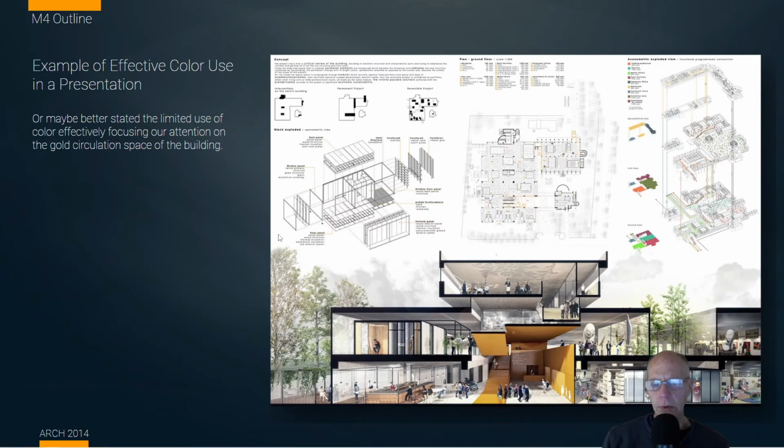Here is another example of why the careful use of color is important. I thought this was a really nice graphic. We have a lot of white space up here, and we've used color very carefully. You'll notice we have this golden color here in the center section of our building, a feature element. Our eye goes right to it.